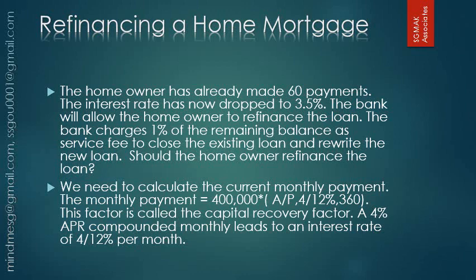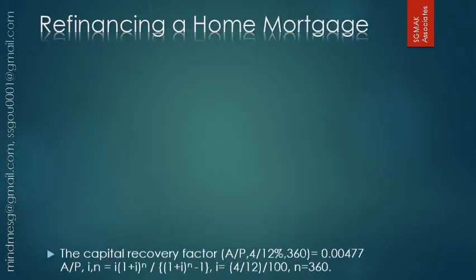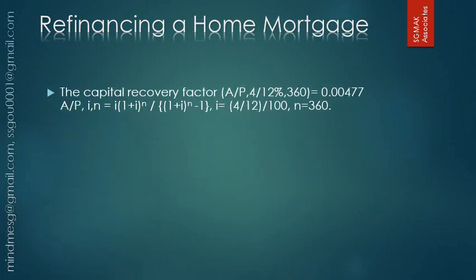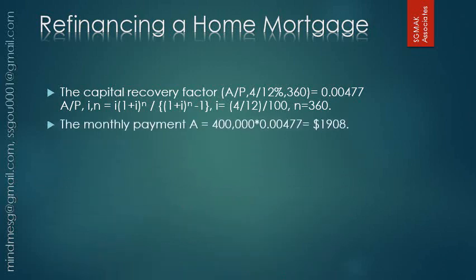That factor, the capital recovery factor, comes out to be 0.00477. The equation is given there. Any standard book on engineering economic analysis will give you that factor. So the capital recovery factor is 0.00477. So the monthly payment, what you're paying now, is $1,908 per month.